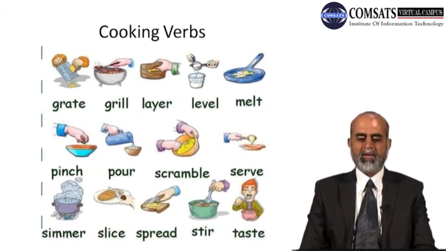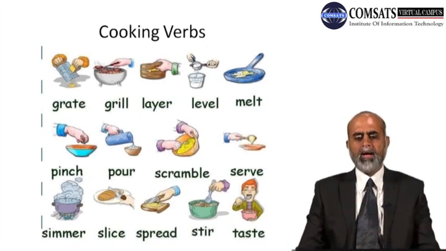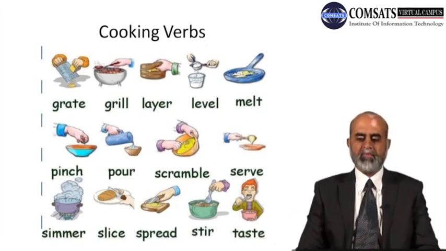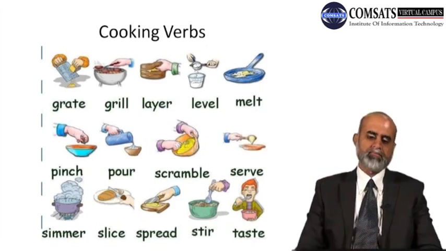For leveling, you usually use something like a leveler in order to make it level. Then you have a cooking verb melt. Okay, जिसको पिघलाना कहते हैं उर्दू में. Pinch of salt or something like this.